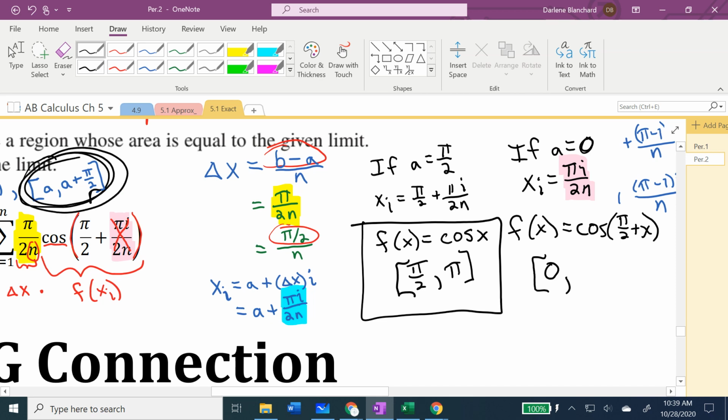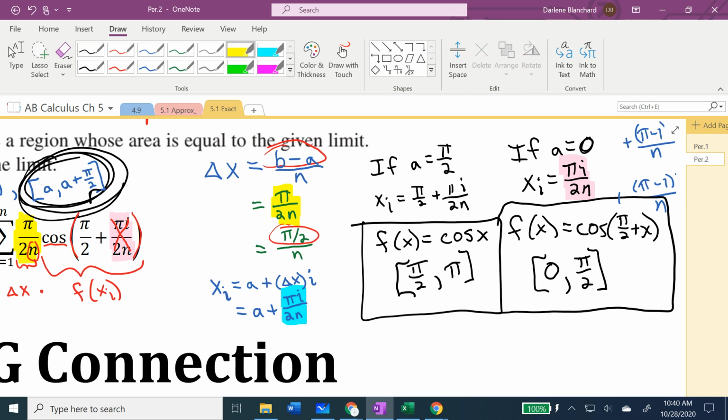And what is it going to end at? Pi over 2. And now let's take a moment to see that these are identical. And to do that, I'm going to ask you to think back to some old math classes.